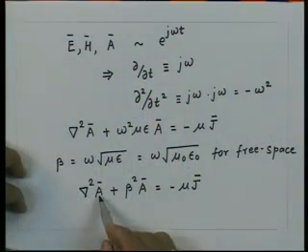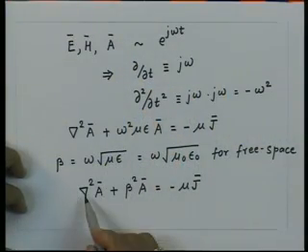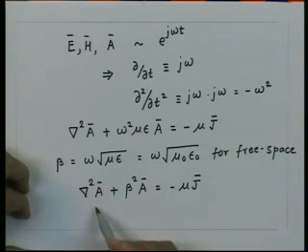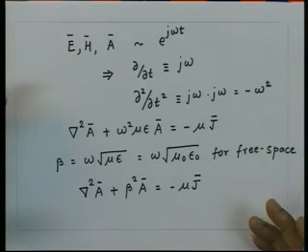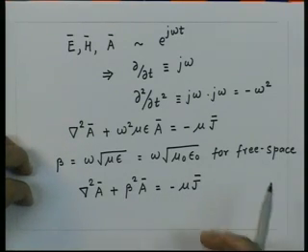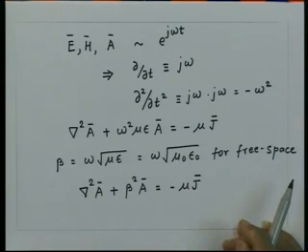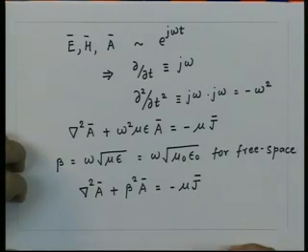And as we already said, since the vector nature in this equation is due to these quantities and intrinsically this equation is a scalar equation, we can essentially solve this equation by replacing A by a scalar quantity and then multiplying that scalar quantity by the appropriate vector, we can get the vector solution.